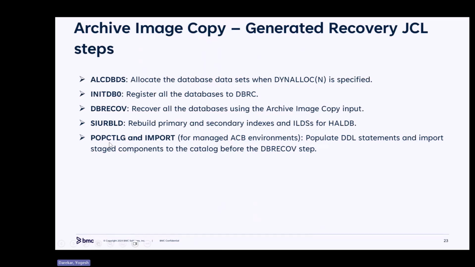In case of managed ACB, we generate extra steps like populate catalog and import, populate DDL statements and import stage components to the catalog before the DB recovery step. This is done only in case of managed ACB, because in other normal DB environments, this is not required.